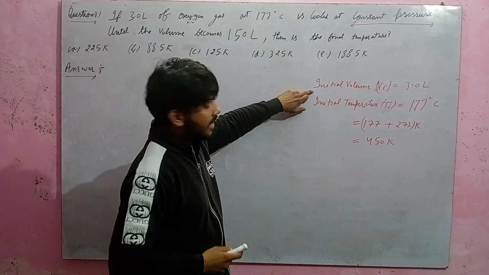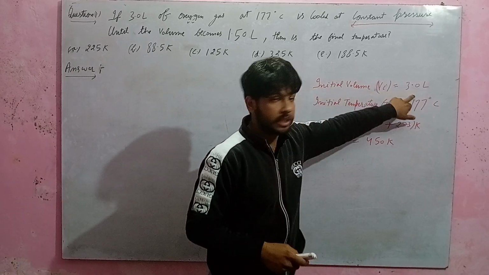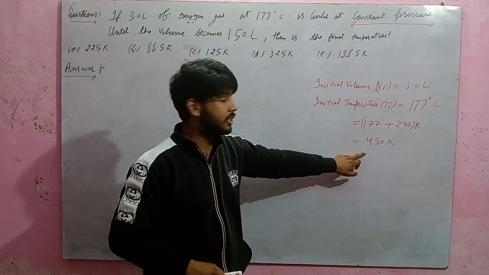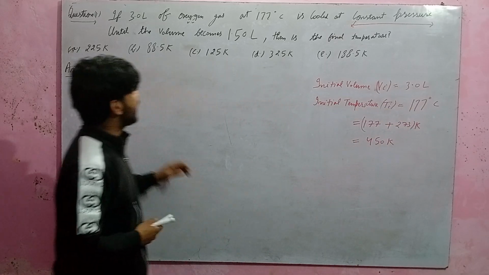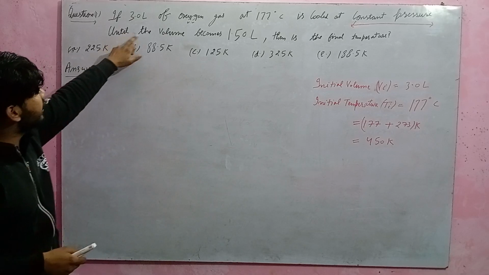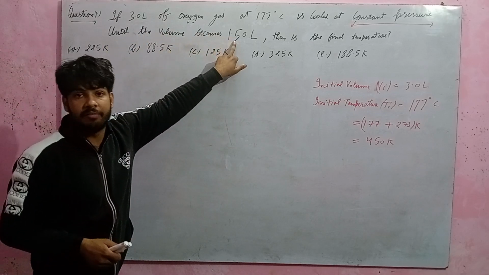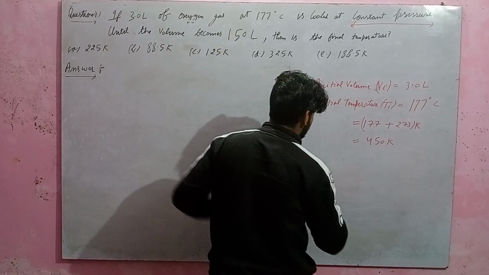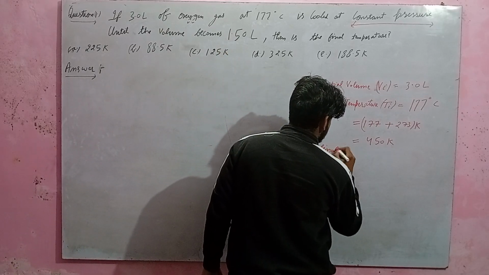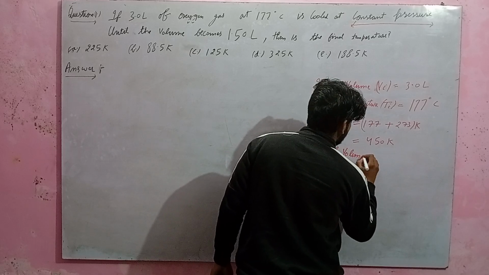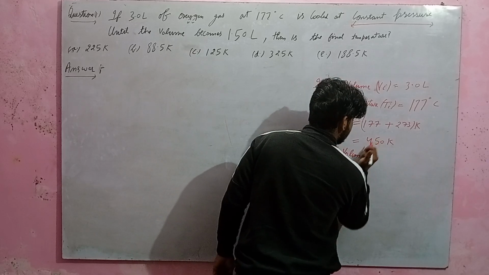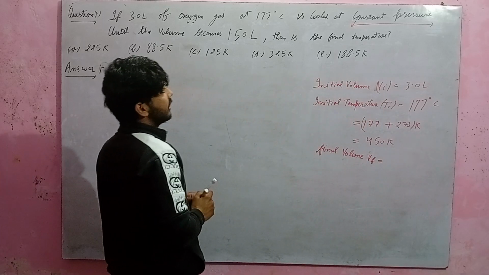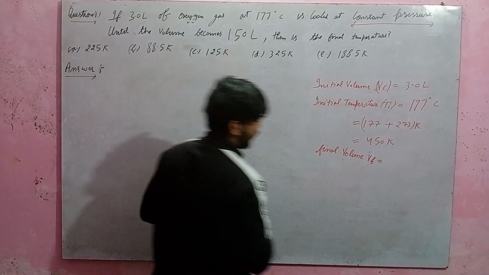So we have given in the question the initial volume, which is 3 liter, and the initial temperature Ti, which is 450 K. And the next thing: until the volume becomes 1.5 liter. That means we are also given the final volume. What is the final volume, denoted by Vf? It is 1.5 liter.